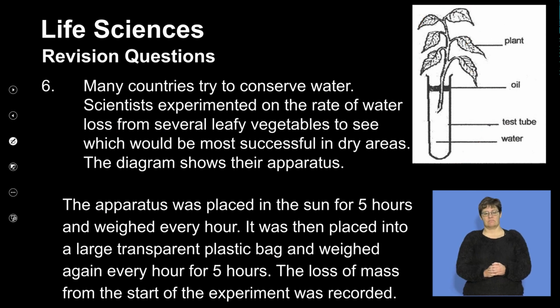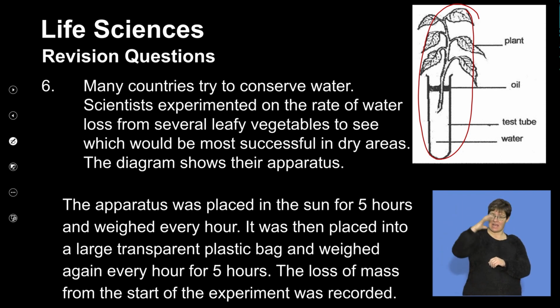The next question looks at how much water different plants lose under different conditions. Okay, and there's a whole big explanation of an experiment in which a plant is placed in a test tube of water and it's placed in the sun for 5 hours.